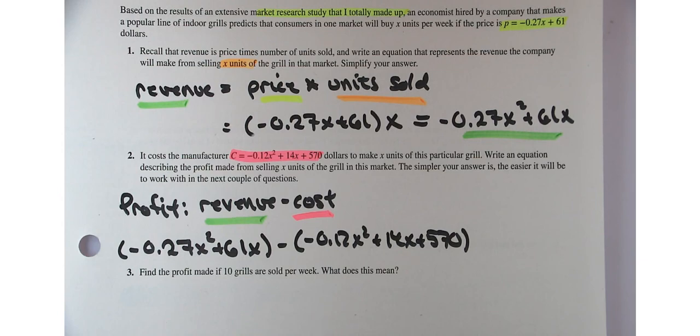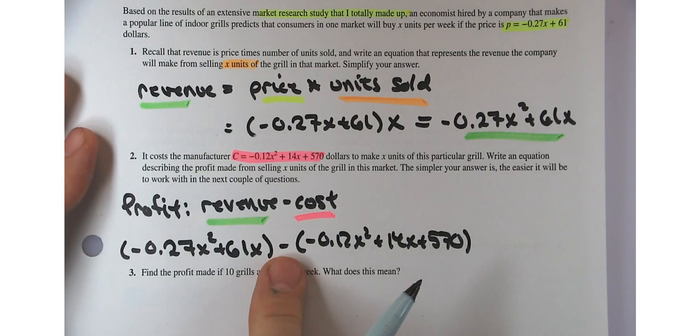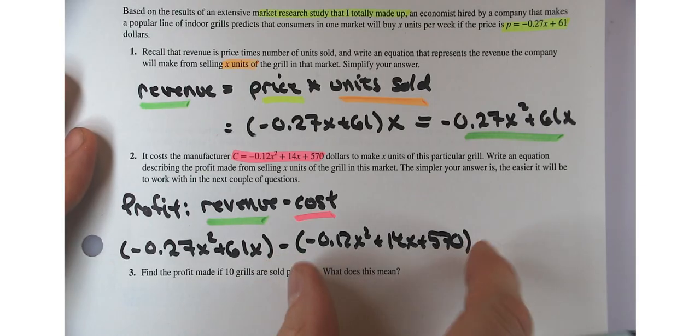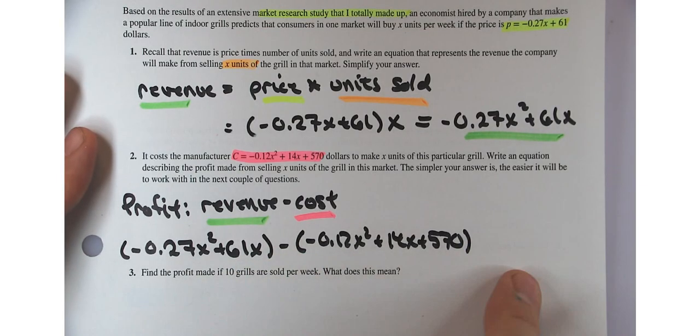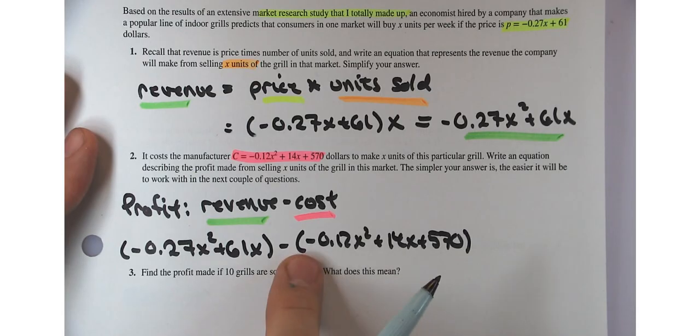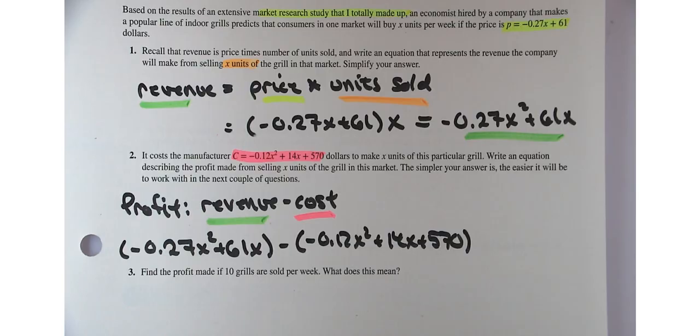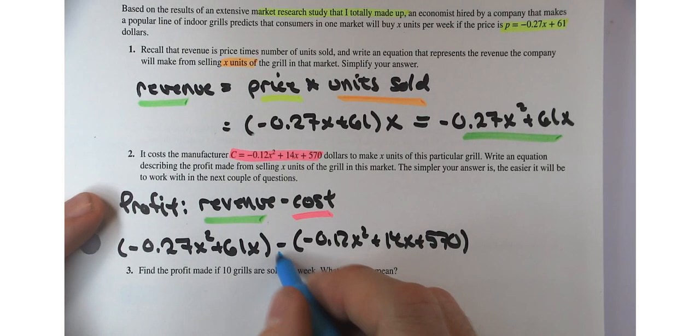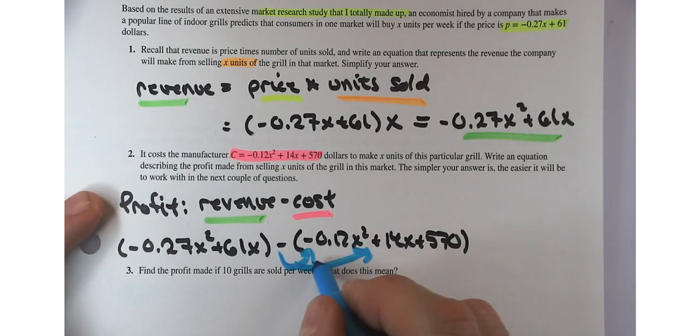Any suggestions? Yeah, combine like terms. Before we do that, notice I took care to put this in parentheses. I'm subtracting the whole thing. If I want to get rid of the parentheses, I've got to distribute that negative to all three terms. So that negative has to multiply this, this, and that.